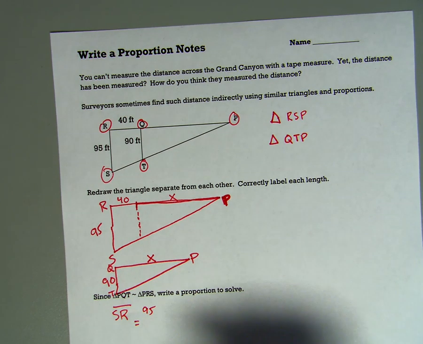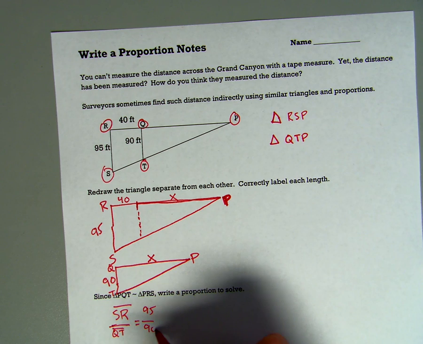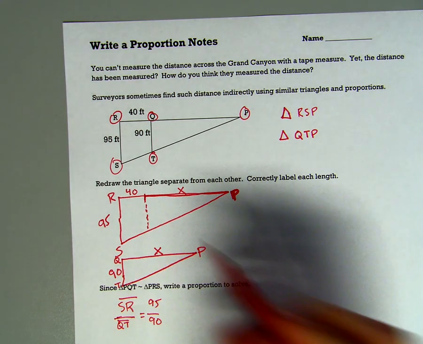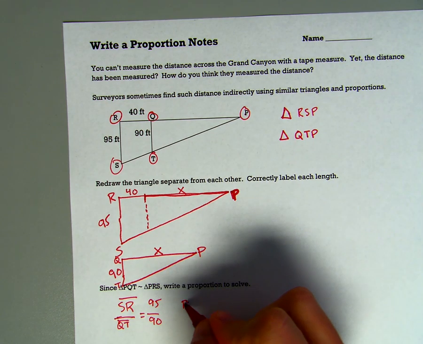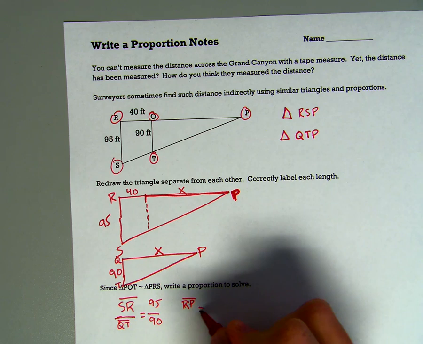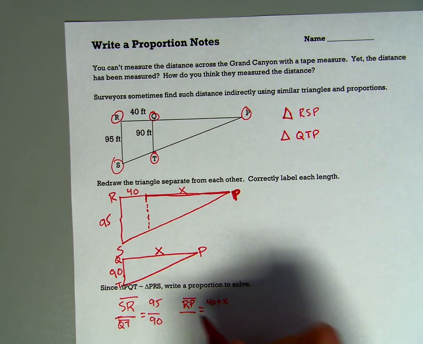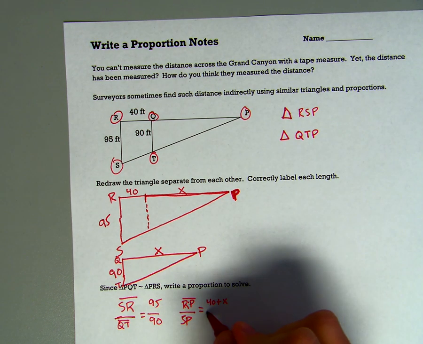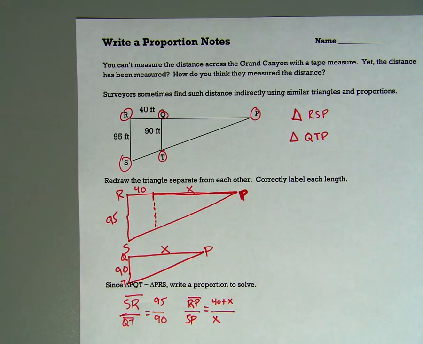Then I also have my side QT is equal to 90. And then for this one up here, I know that R to P is equal to 40 plus X. And then side SP for my smaller triangle is equal to X. So I have my two proportional fractions there.